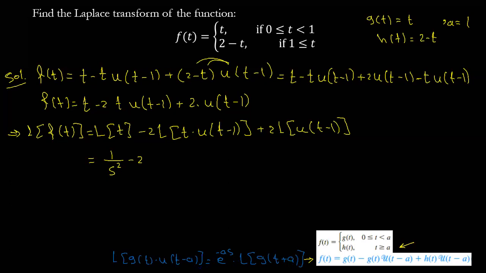Now, to help me, Basil, I need you to tell me your g, your a, and your g of t plus a. So I'm going to write them here. The g of t for this, what do you think? Okay, so g of t is t. Great. Negative 2 doesn't matter; negative 2 is a constant outside of the Laplace transform, so don't care about it.